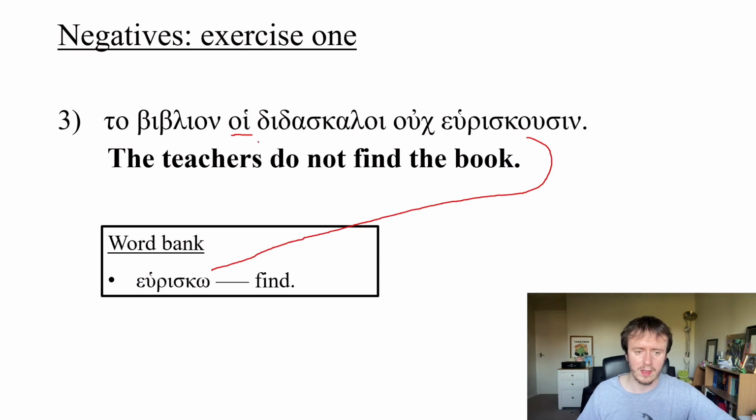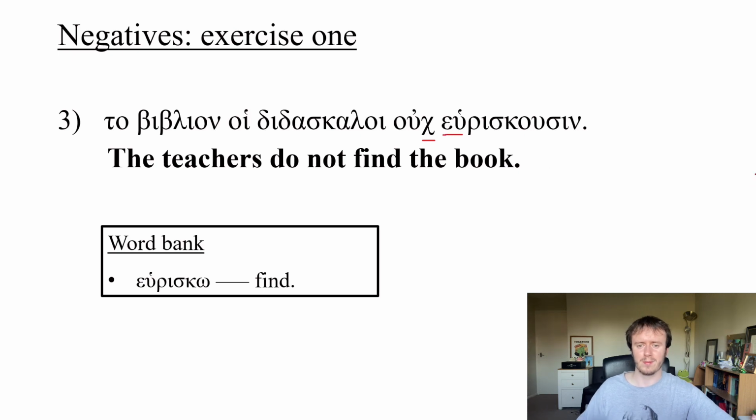So we need to take this sentence as the teachers do not find or are not finding the book. And the reason that ouch was used here, ending in a chi, was because the following word, heuriskousin, begins in a diphthong with a rough breathing.